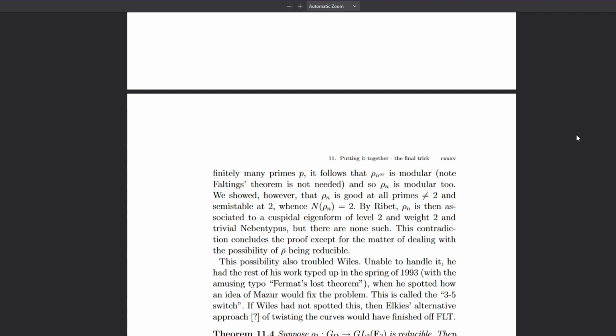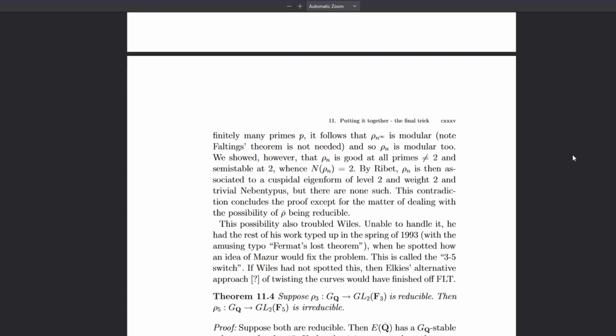Note Faltings' theorem is not needed for this result, and so rho_n is modular too. We showed, however, that rho_n is good at all primes not equal to 2, and semi-stable at 2. By Ribet, rho_n is then associated to a cuspidal eigenform of level 2 and weight 2, and trivial Nebentypus, but there are none such.